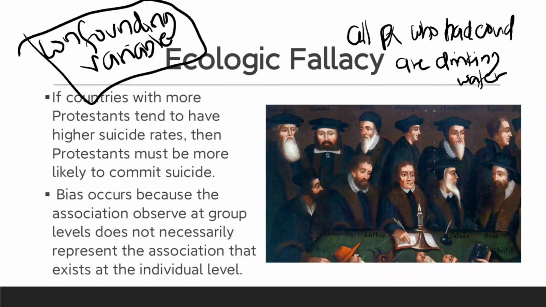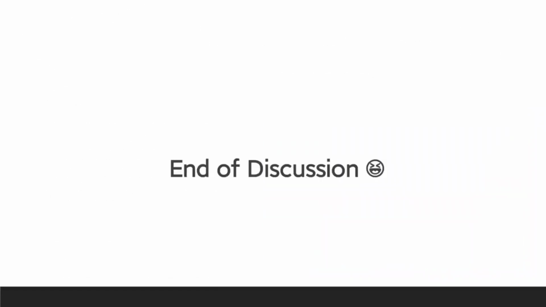And this confounding variable, we will usually see in analytic study designs because it is very easy to make a hypothesis, but it is difficult to test or analyze the hypothesis. Okay? So, that's it.